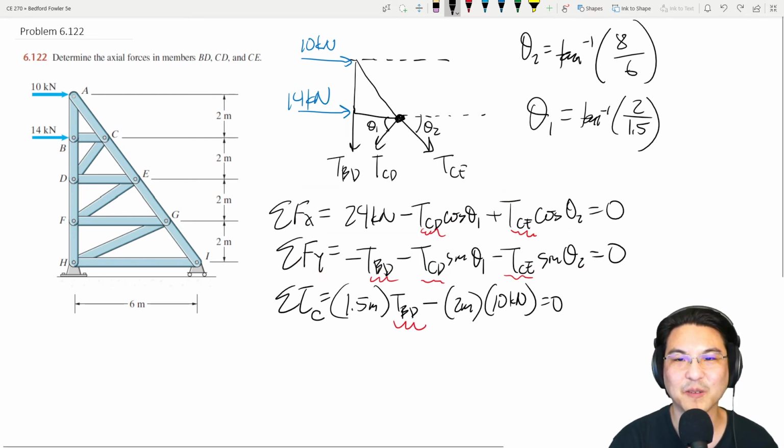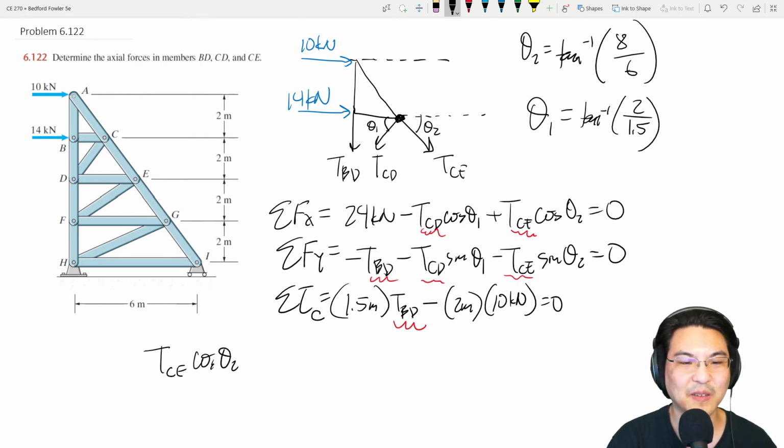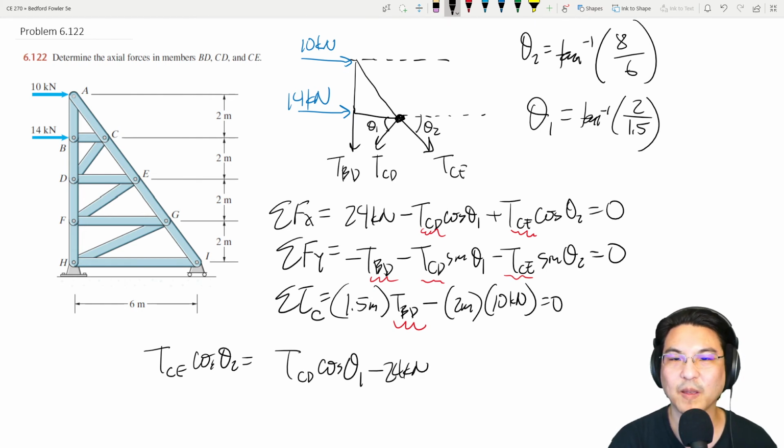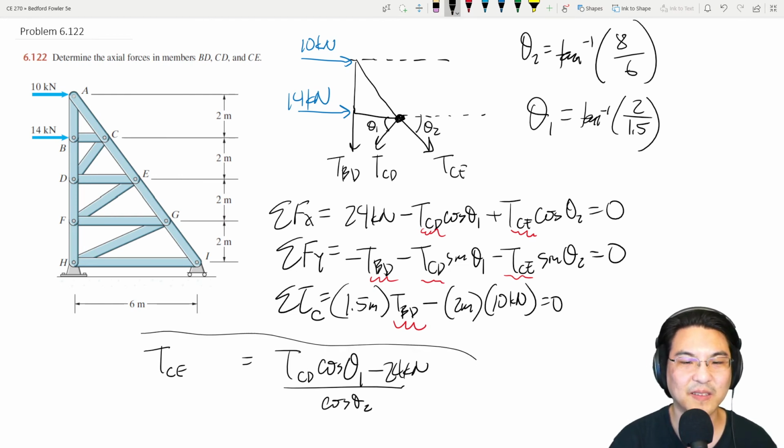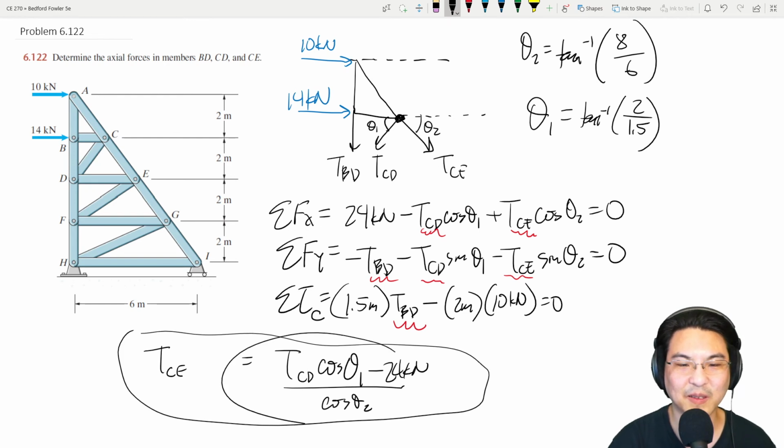Write it in terms of, let's say, TCE. TCE cosine theta 2 is TCD cosine theta 1 minus 24, right? And then just divide the whole thing by cosine theta 2. So this is TCE, and then you take this and substitute it right here.